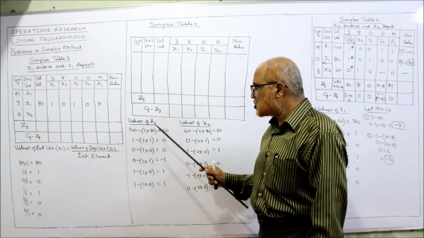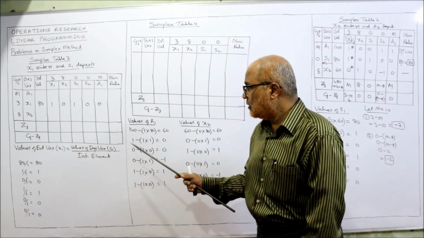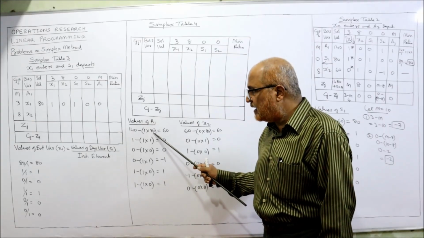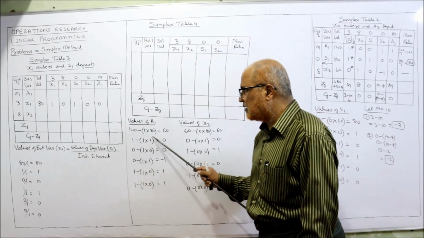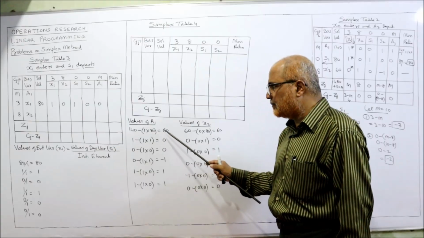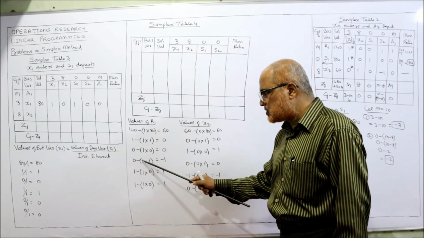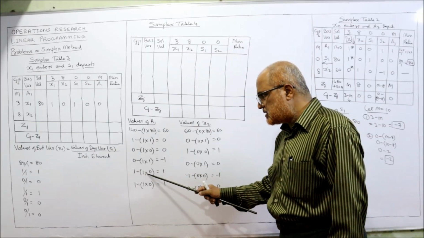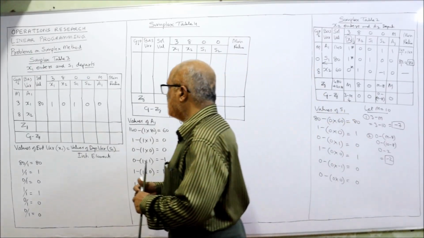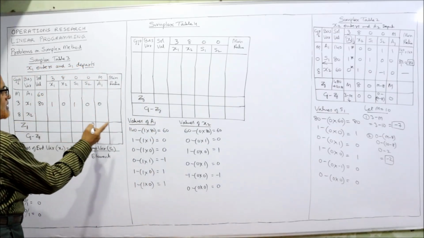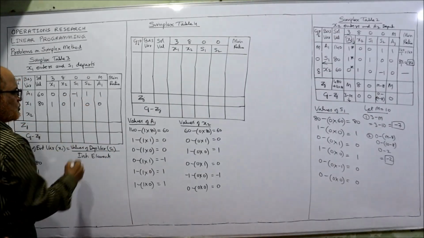Minus intersectional element of a1, which is 1, into values of the entering variable: 80, 1, 0, 1, 0, 0. Now 140 minus 80 will remain 60. 1 minus 1, 0. 0 minus 0 is 0. 0 minus 1 is minus 1. 1 minus 0 is 1. 1 minus 0 is 1. So we got the values of a1 here: 60, 0, 0, minus 1, plus 1, plus 1.